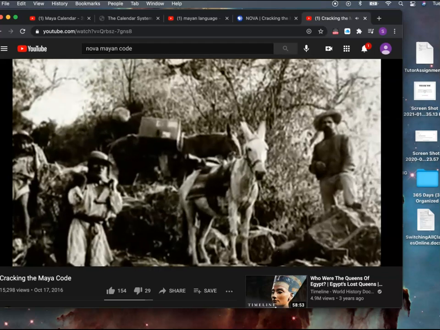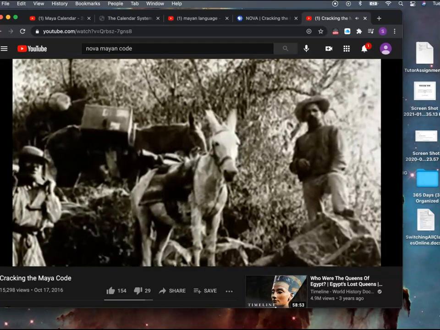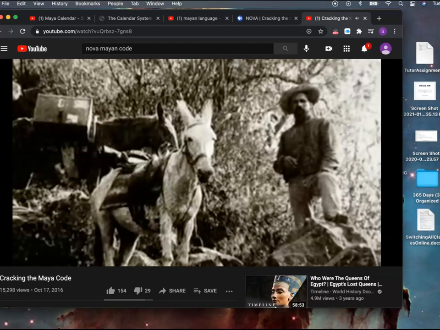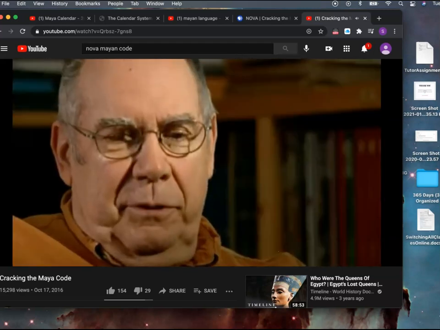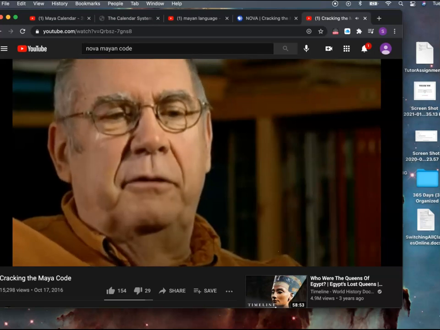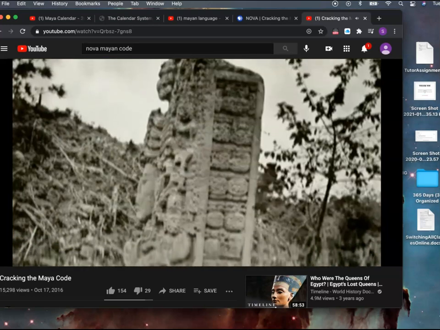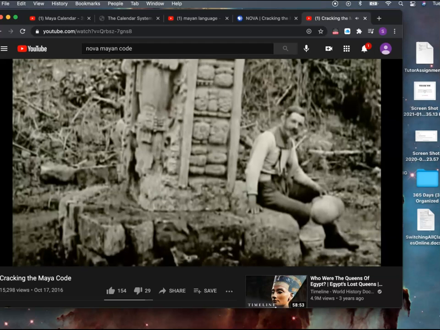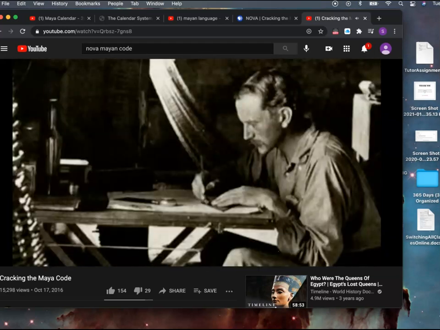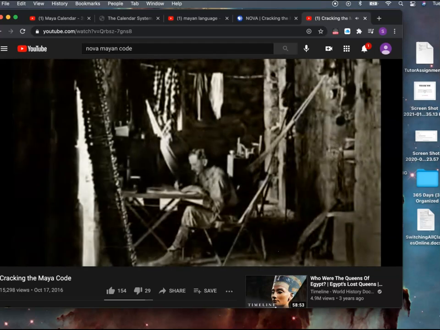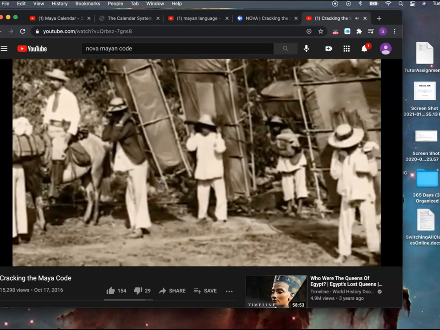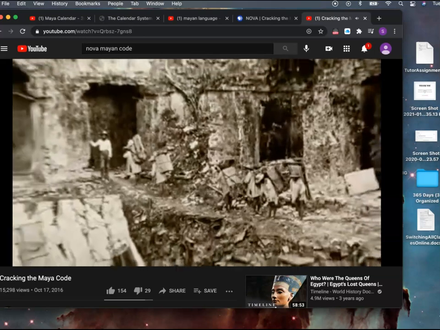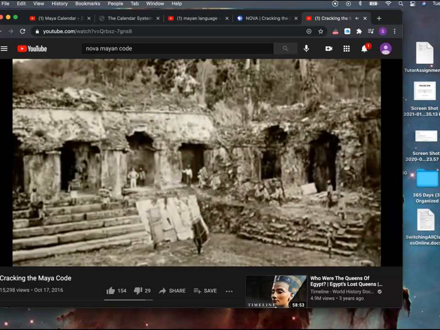Everything would change in the 1880s when Alfred Maudsley arrived with a glass plate camera. Maudsley was taking full advantage of the new developments in photography. He had gone into all of the sites fully equipped with large format glass plate negatives and immense effort, these caravans of equipment. You see these lovely photographs with the entire Great Plaza cleared.